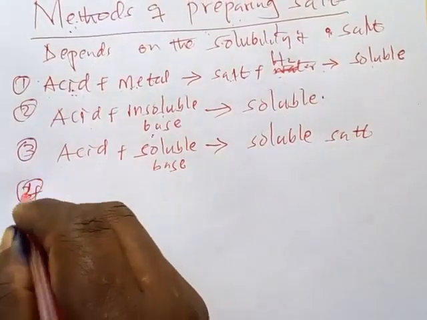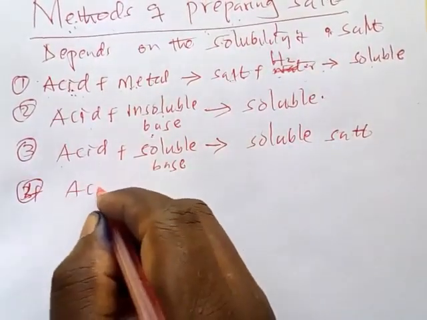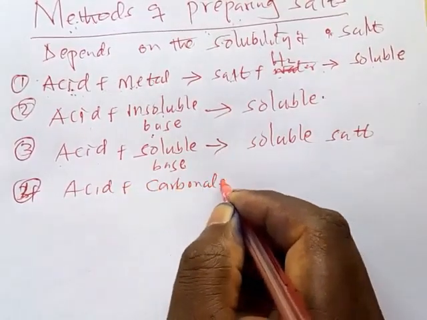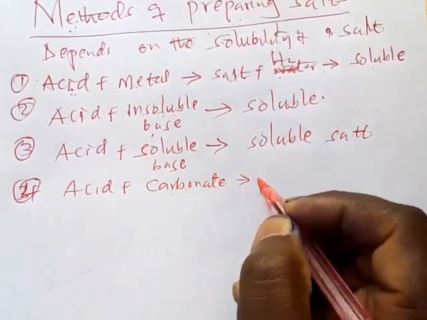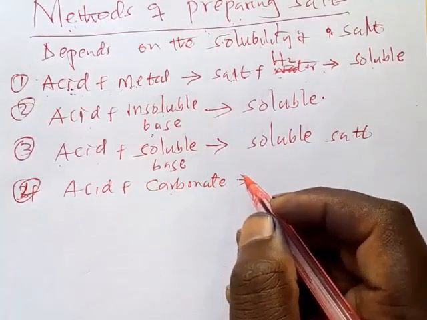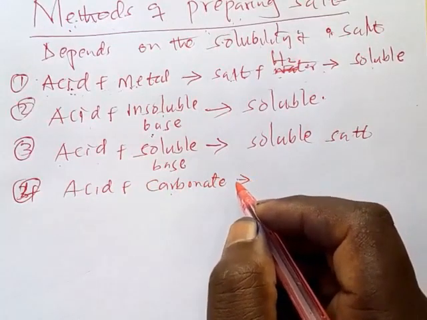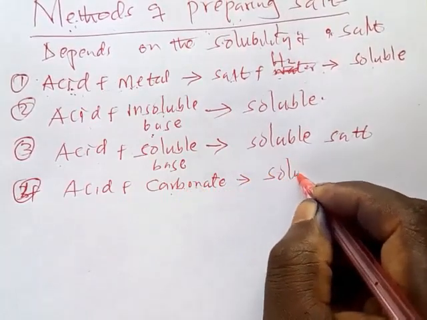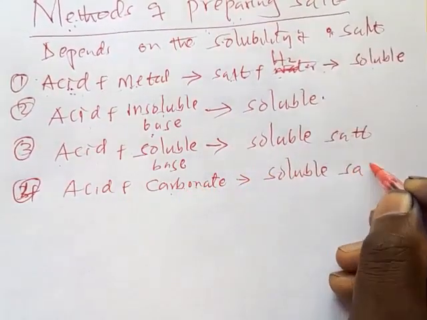And number 4 is acid plus carbonates. An acid plus a metal carbonate will give you salt, water, and carbon dioxide. The effervescence is expected. Therefore, this one also is used to prepare soluble salts.